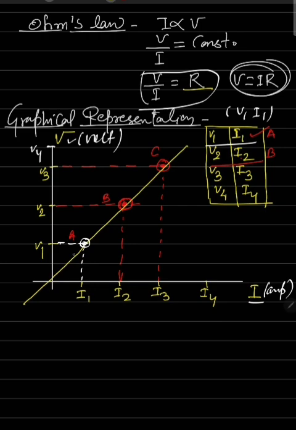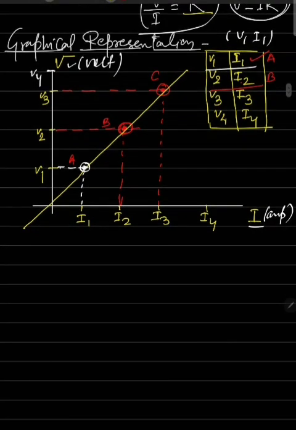This is the representation of Ohm's law, and it is called the V versus I graph, potential difference versus current graph. Any conductor whose graph is like this, which obeys Ohm's law, is called an ohmic resistance. Always remember that for an ohmic resistance the graph should be a straight line and it should pass through the origin.